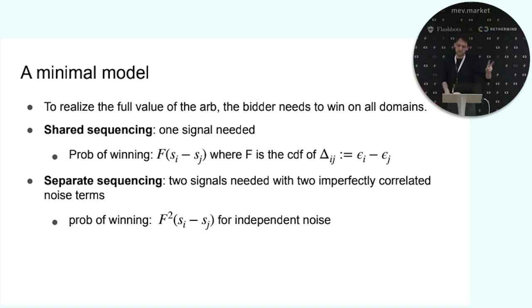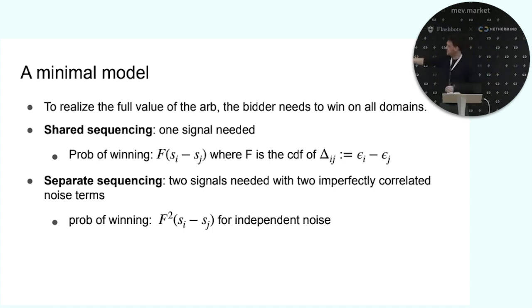So think about the situation where you have to place one trade on one domain, one trade on the other domain. In the shared sequencing case, you just need to produce one signal, and that signal plus noise should be better than that of your competitor. If you do separate sequencing, you produce two signals, right? And both of them, plus the added noise, should be better than those of your competitor.